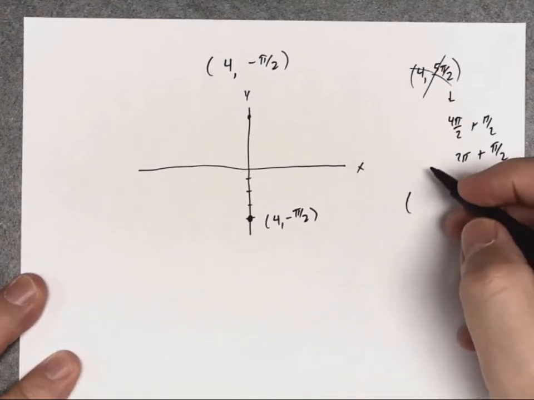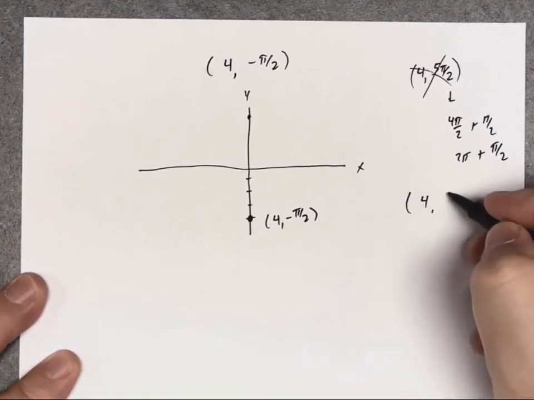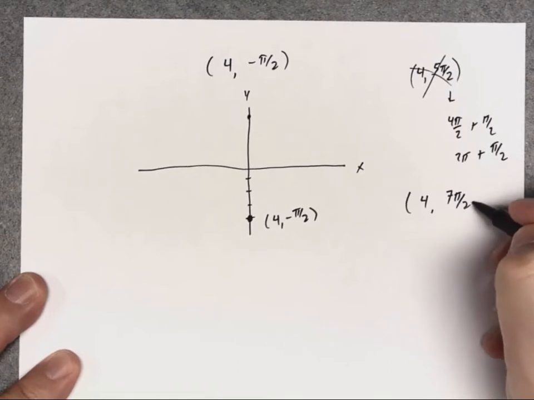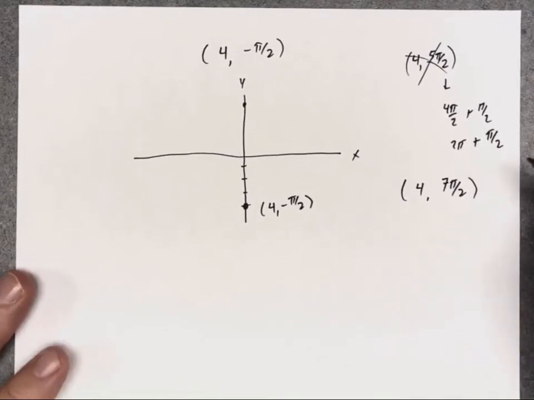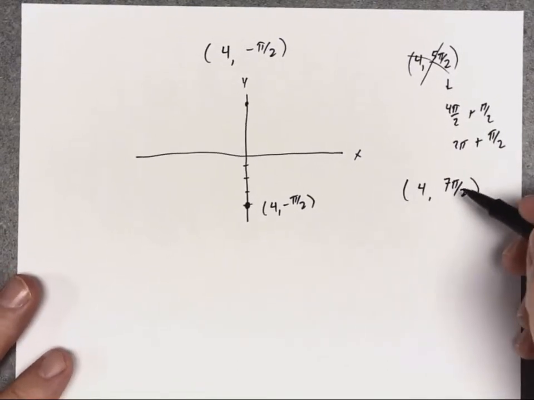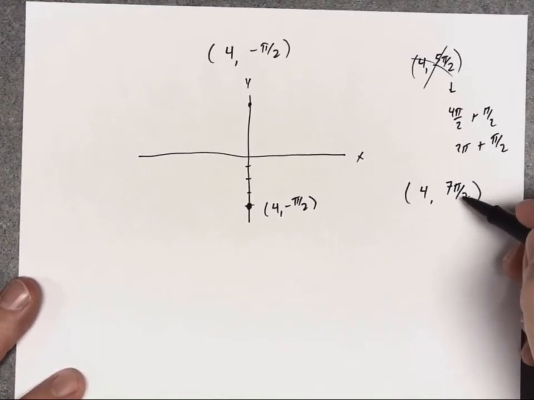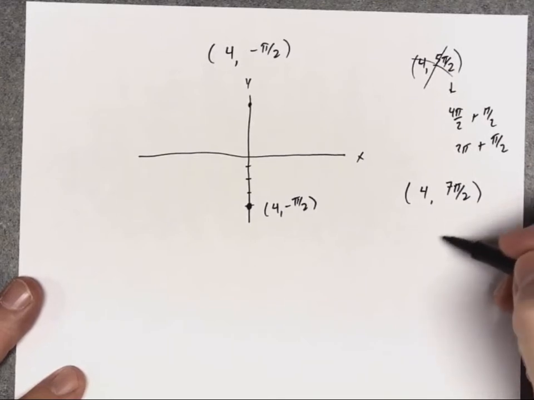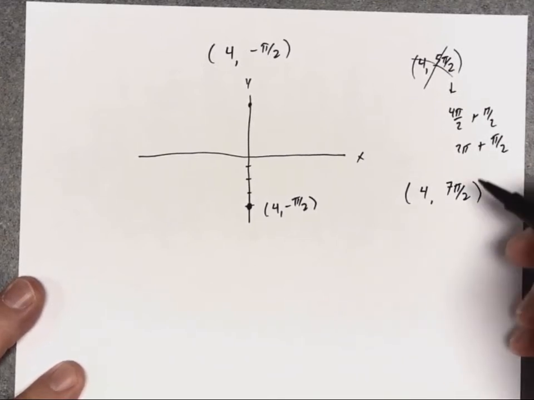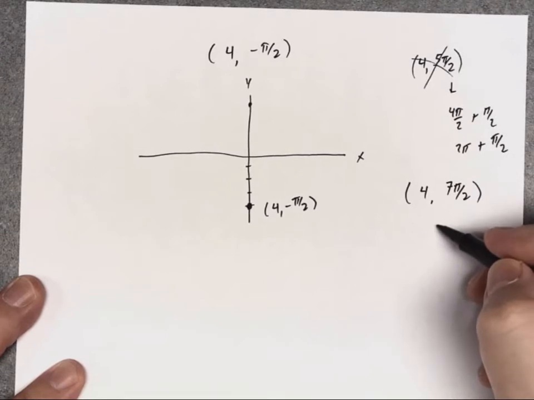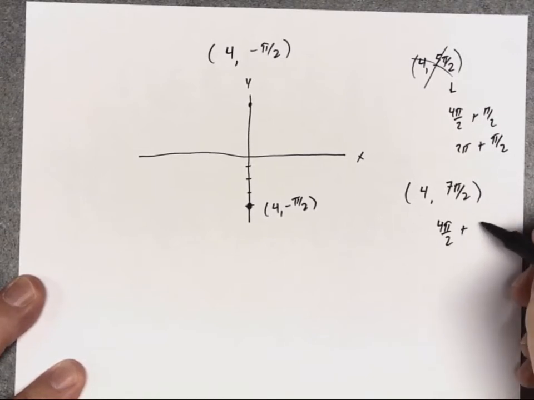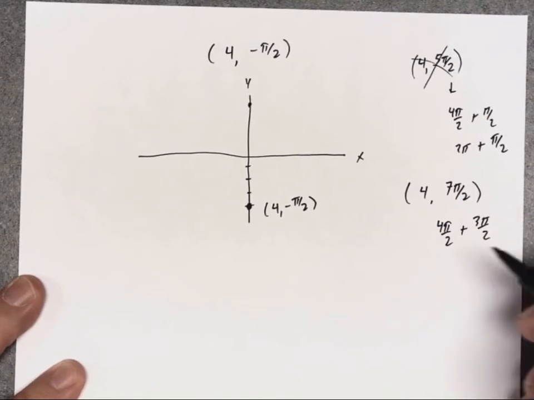They give me another point. (4, 7 pi over 2). Let's figure out the angle. Once again, it looks like this is going to be bigger than 2 pi, so I need to, in a sense, subtract out or reduce down, get rid of all the 2 pi's. So in this case, I would say 7 pi over 2 is 4 pi over 2 plus 3 pi over 2.